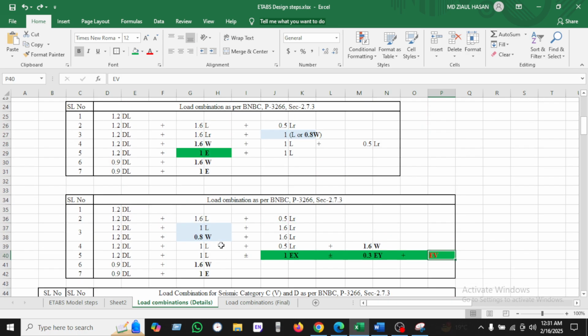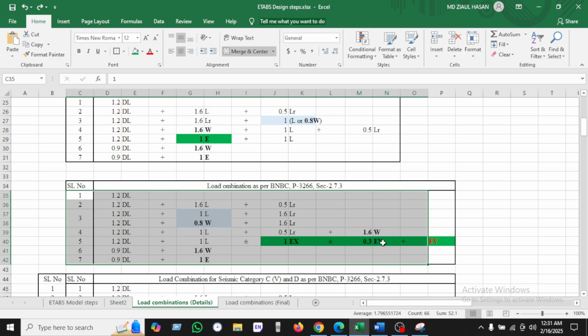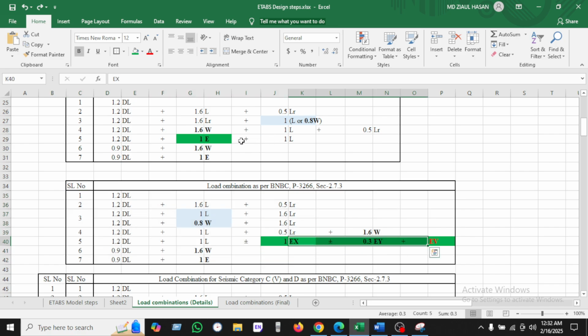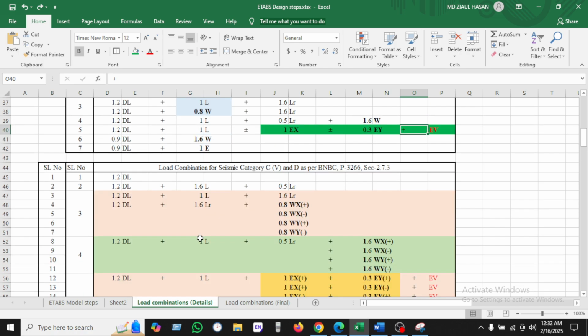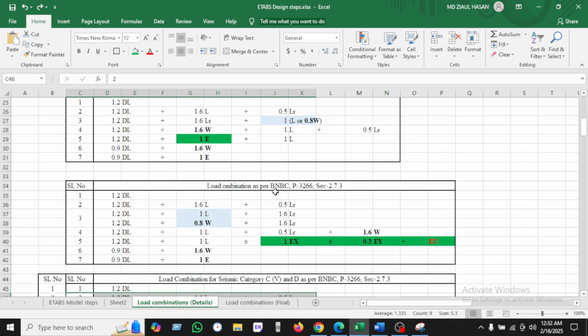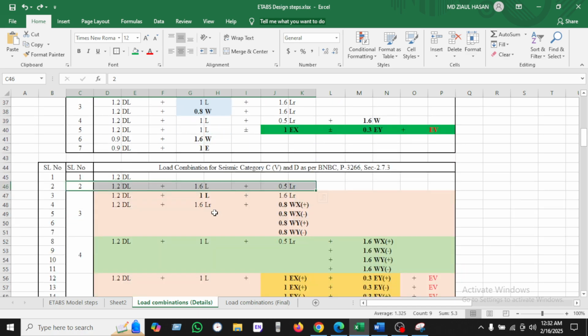Okay. So as it's 7, we are not dividing here, we're just showing how the earthquake load is divided into 3. That's why we are taking 3 here, and live load is also taken here, and these are the plus minus, and this is the plus. Okay, let's see. Number 1 combination as it is 1.2 dead loads, and number 2 is 1.2 dead loads, 1.6 live load and 1.5 roof load, as we have seen previously.